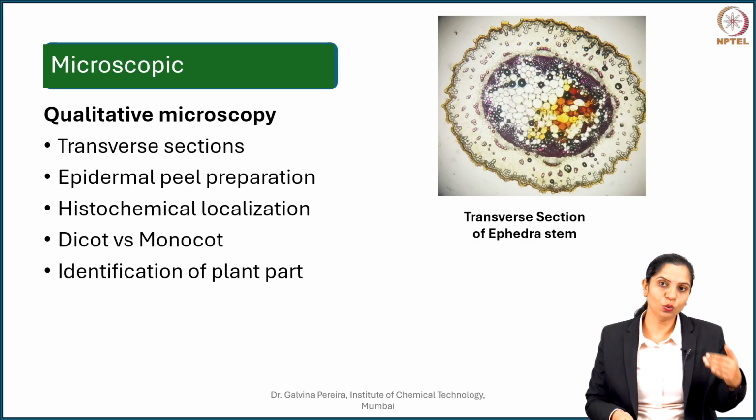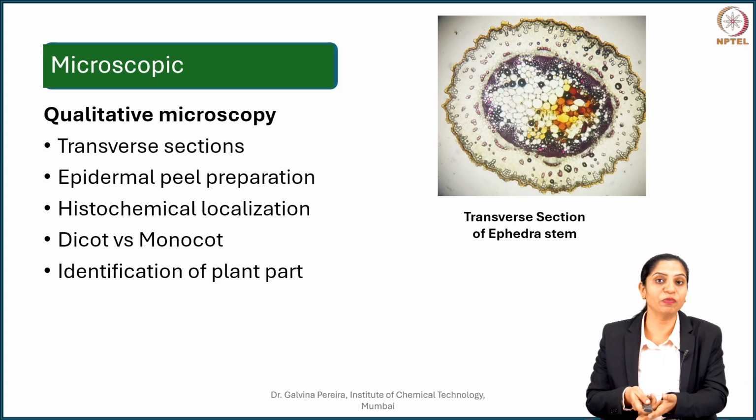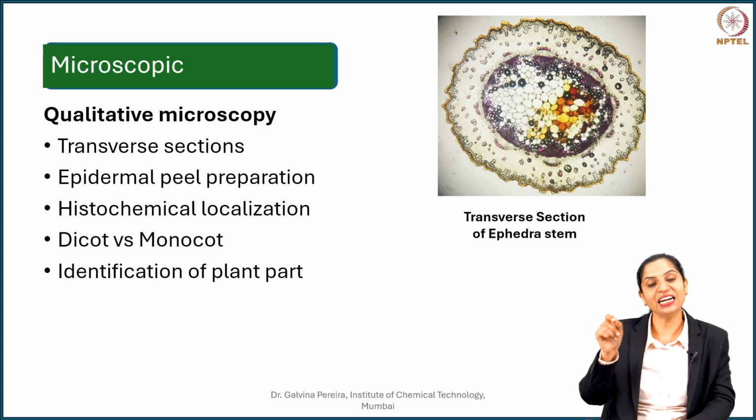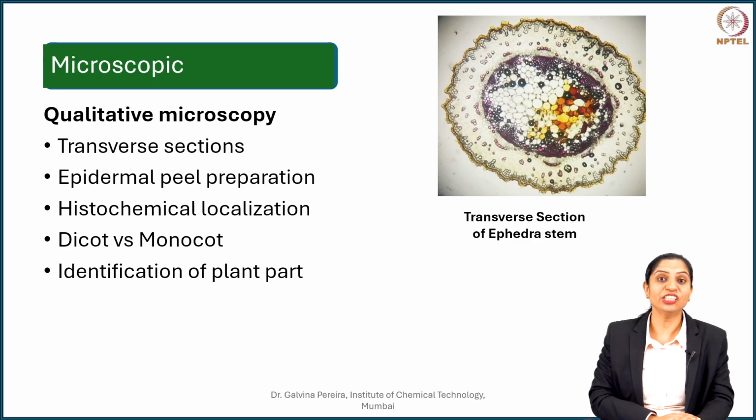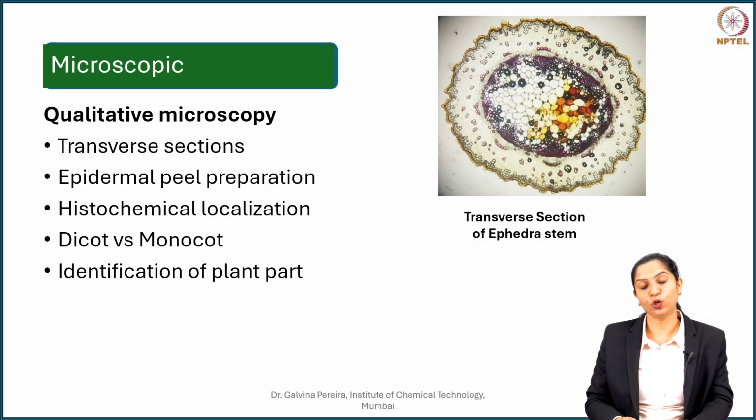I can also do a chemical test under the microscope. If I have loaded a section, I can add certain chemical reagents, and the change in color of this particular tissue can tell me what is where, and that is what I refer to as histochemical localization. If I am checking for quinones, I can add a little alkali.